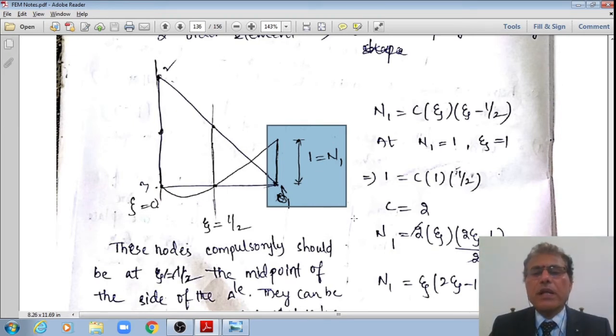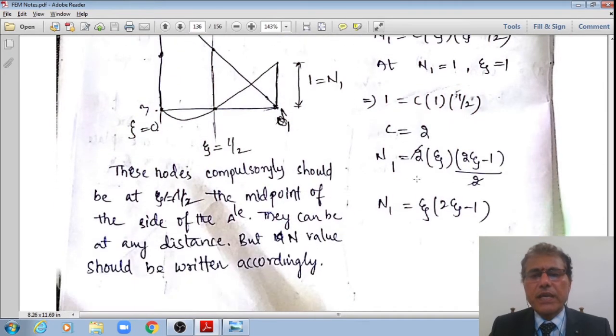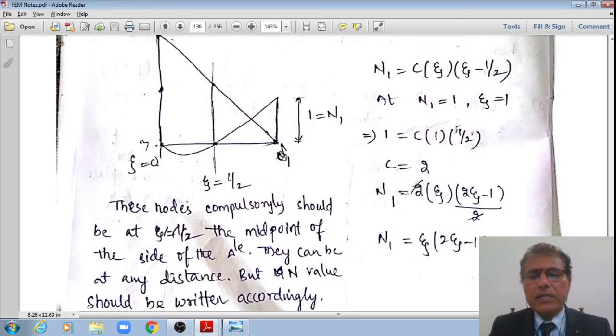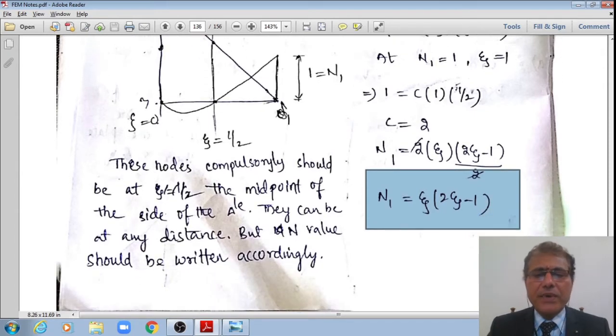Therefore if I substitute that, then now I'll get 1 is equal to c multiplied by 1 multiplied by half, which gives c equal to 2. Substituting which, now I'll get N1 is 2 multiplied by xi, times (2 xi minus 1) divided by 2, or N1 is equal to xi multiplied by (2 xi minus 1), which is equal to 2 xi square minus xi.